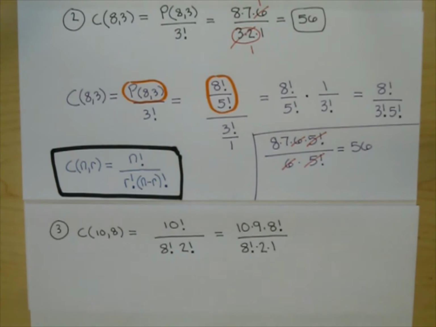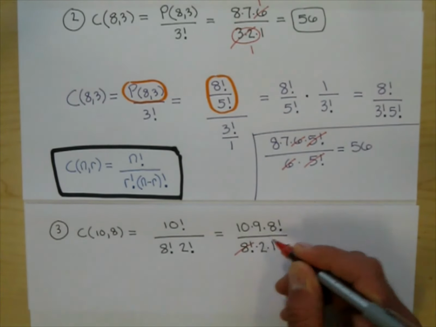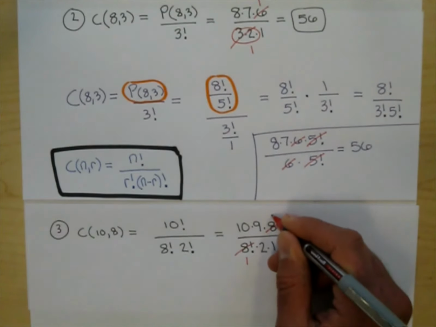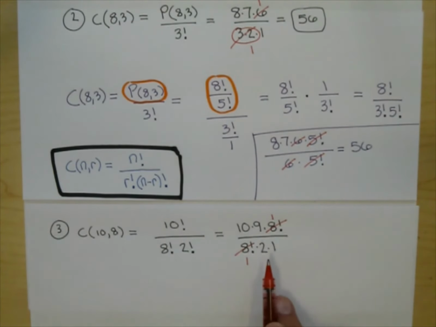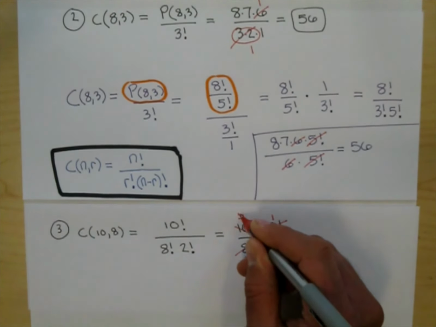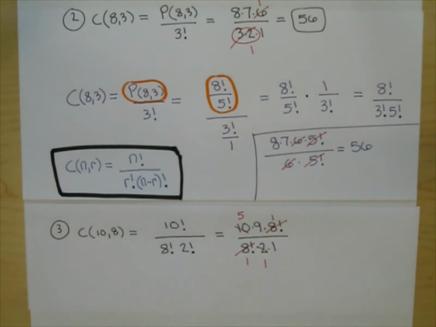So look what happens. The 8 factorials cancel. Those become 1s. What else cancels? The 2 and the 10. And 10 over 2 is 5 over 1. So what does that give me for my answer then?